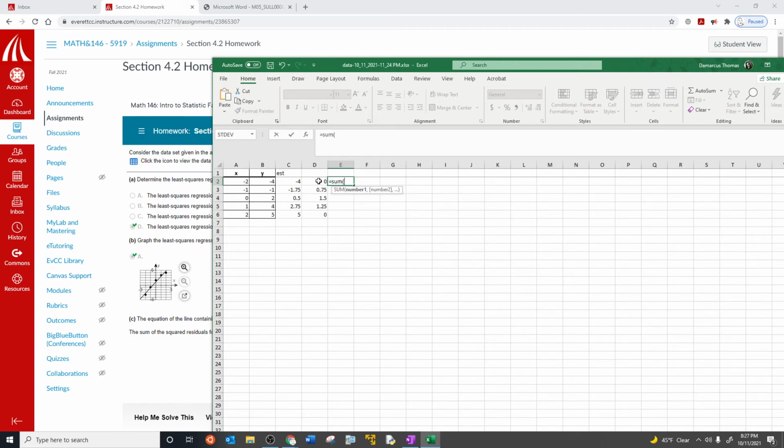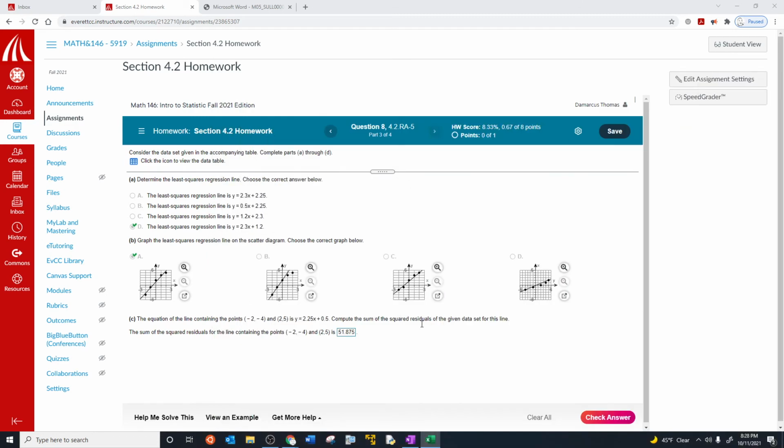Let's square it first, and now let's take the sum. We type in equals sum, and 4.375 is what we got.